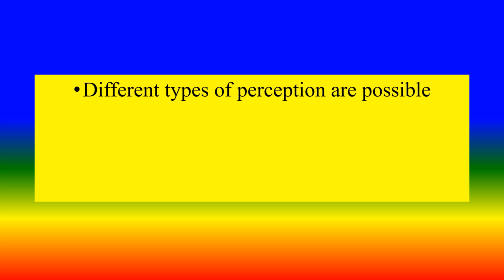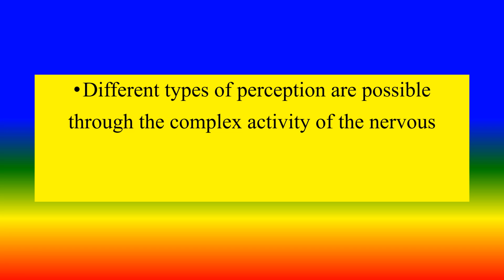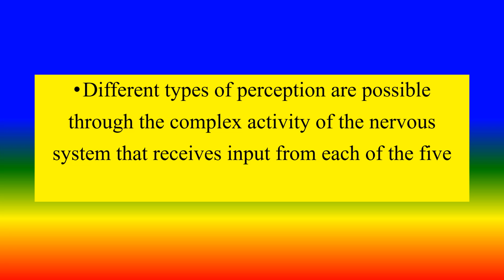Different types of perception are possible through the complex activity of the nervous system that receives input from each of the 5 senses.